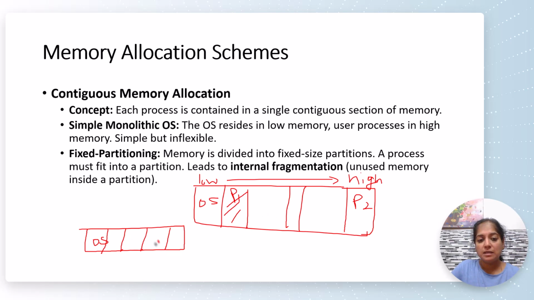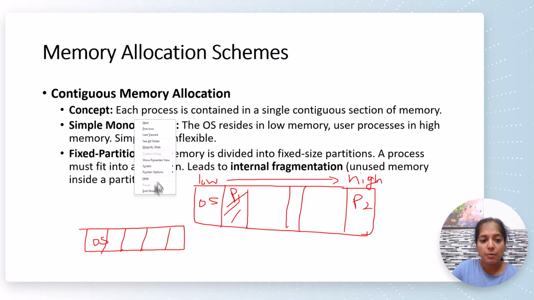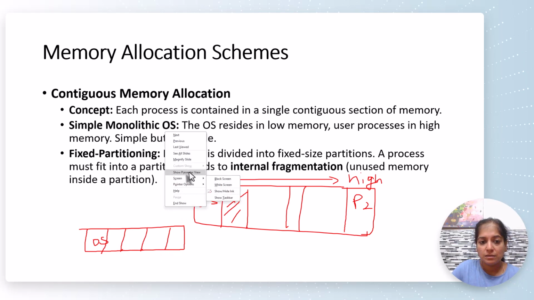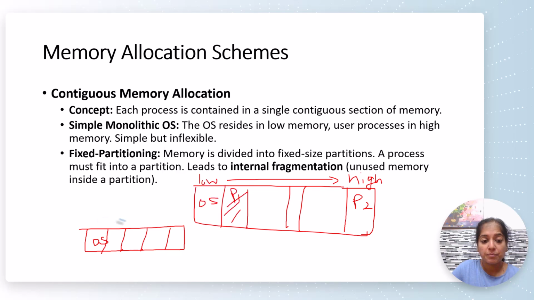Another problem is, let's say this is my process and these are the partitions, and the process size is smaller than the partition, because it is very rare that process size and partition size are exactly the same. So either it will be greater than or it will be less than.